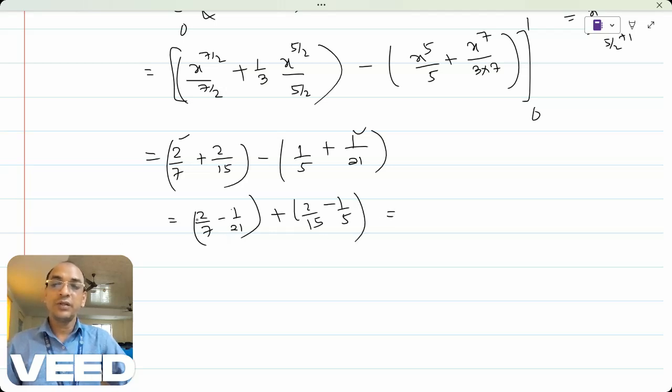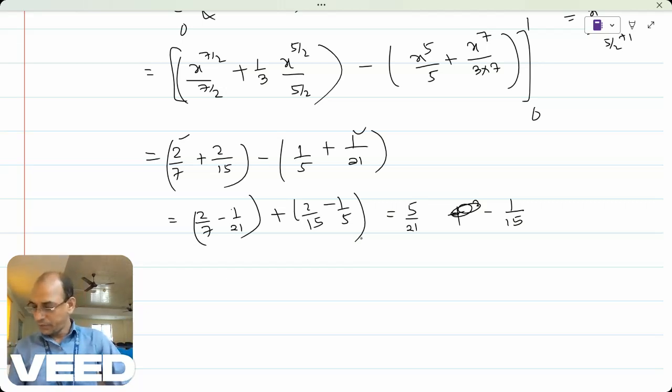LCM is 21: 6 minus 1 is 5, so 5 by 21, plus LCM is 15: 2 minus 3 is minus 1, so we will have minus 1 by 15. Now you can find the LCM and simplify it, so we will get it.